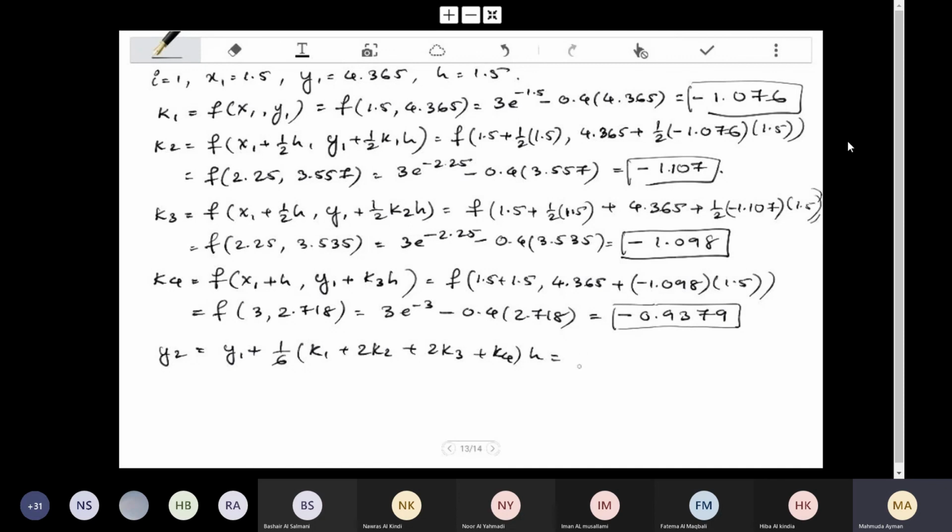So we'll have here y1 is 4.365 plus 1 over 6 times K1 is minus 1.076, plus we have 2 times K2, which is minus 1.107, plus 2 times minus 1.098, plus K4, that's minus 0.9379, times H, which is 1.5.